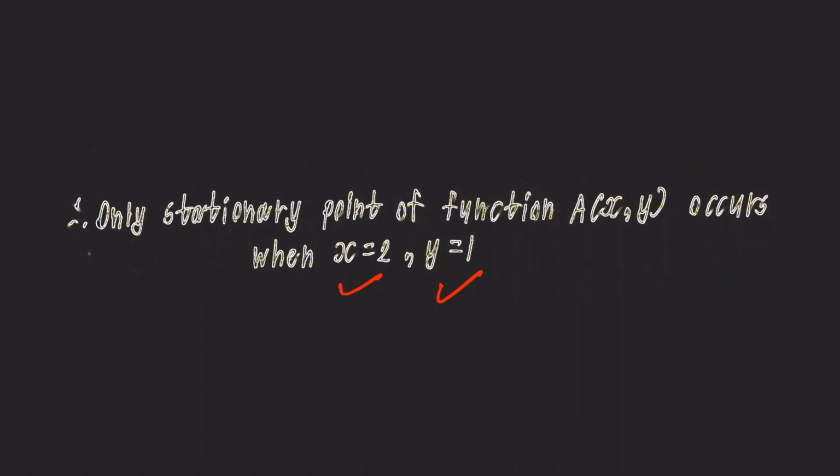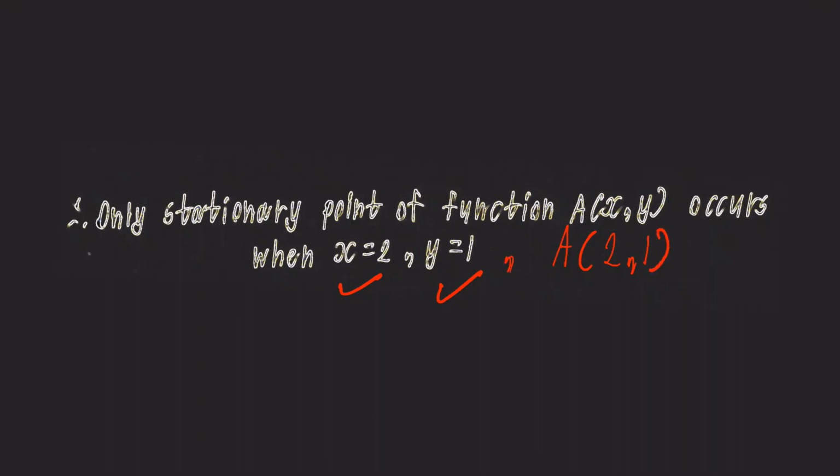Again, it's important, if we're thinking about the actual point, it will be where x equals 2, y equals 1, and then the function, the area, will be whatever the area is at that point. So that's the actual turning point.